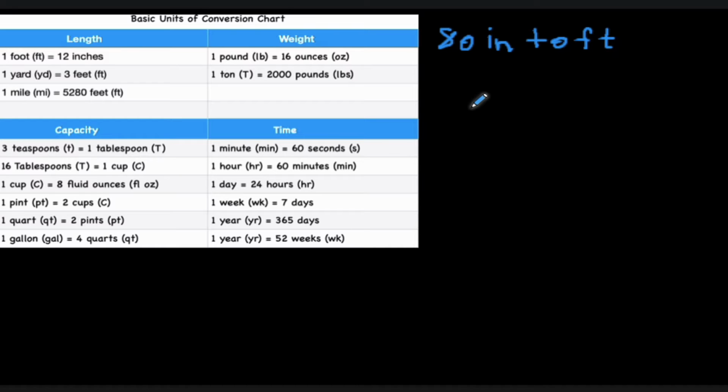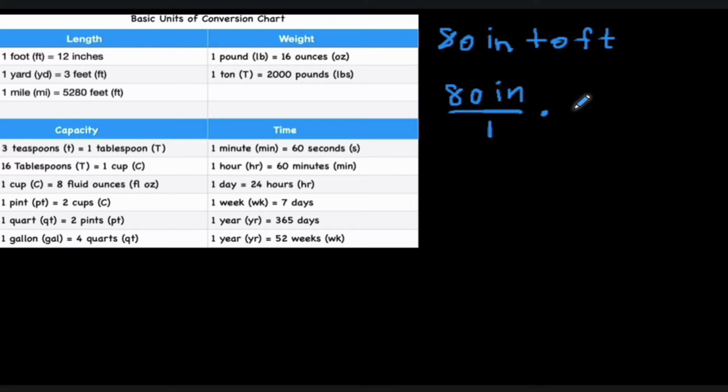All right, so the first thing you need to do here is just write 80 inches over 1. Okay, and you're going to multiply by a second fraction. Now, the numerator should contain the measurement we want in the answer. So first of all, how many inches are in a foot?